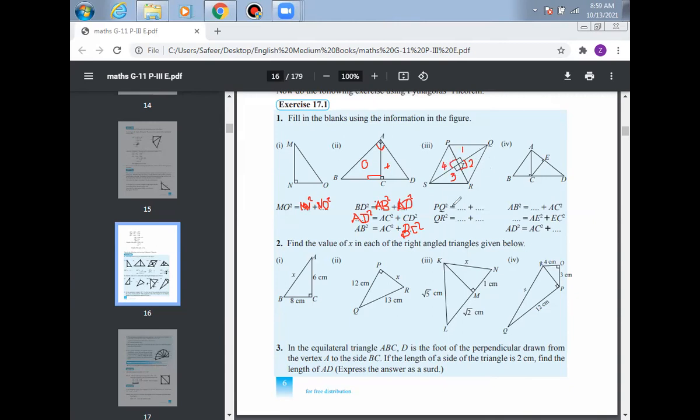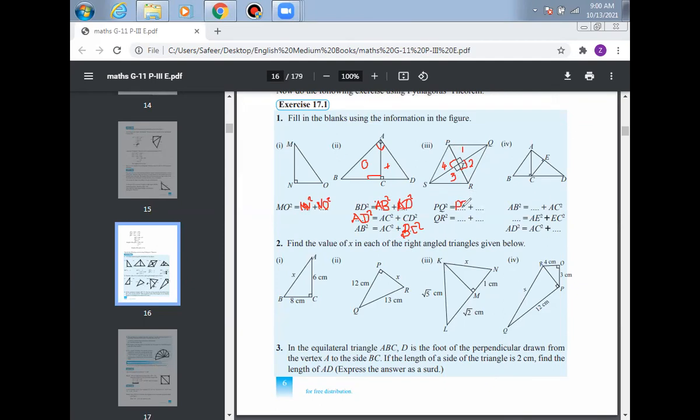So PQ squared only he had taken. PQ squared in this way. First one only taken, PQ squared, then that is equal to PT, TQ. So we can write PT squared plus TQ squared.